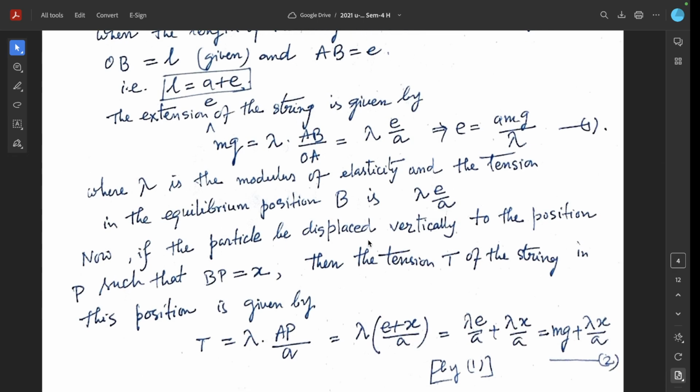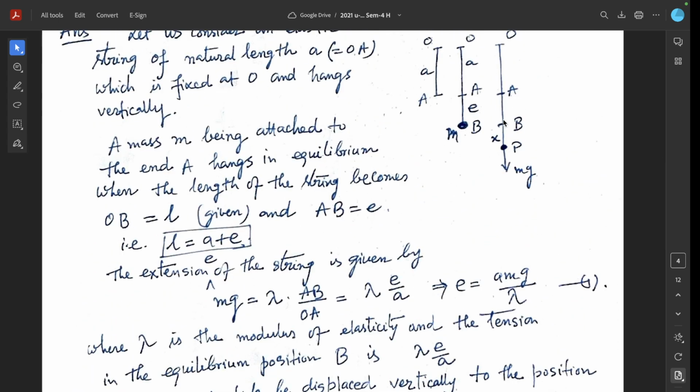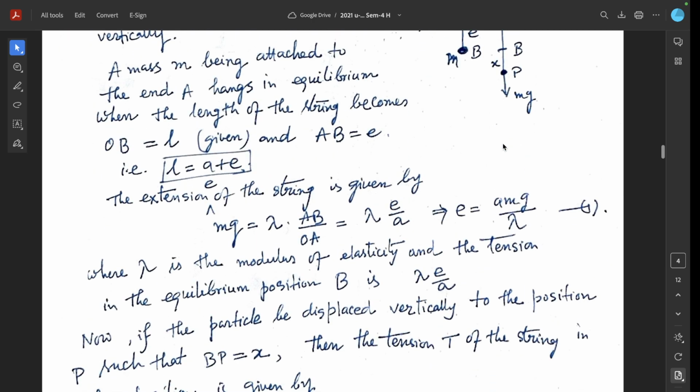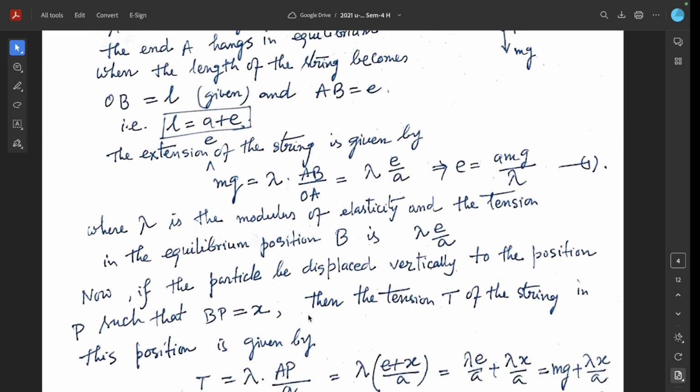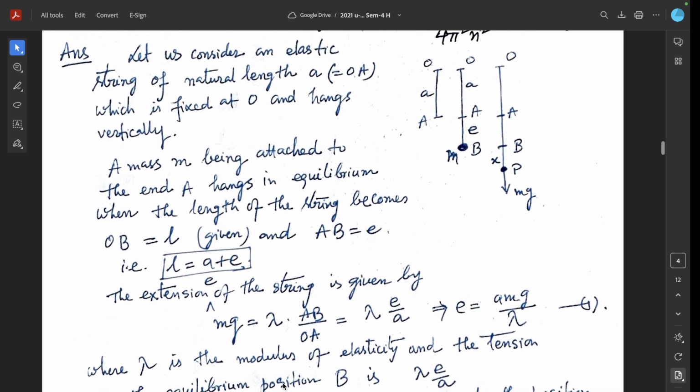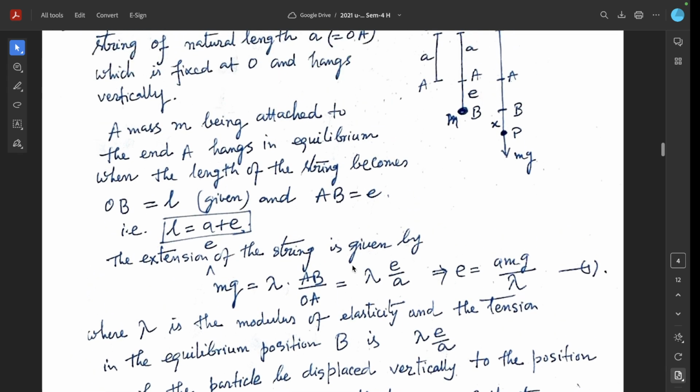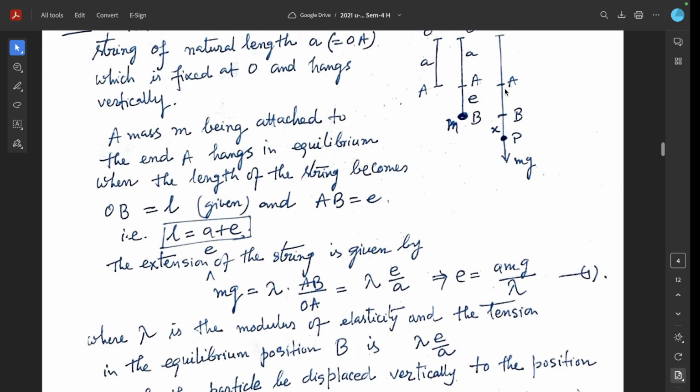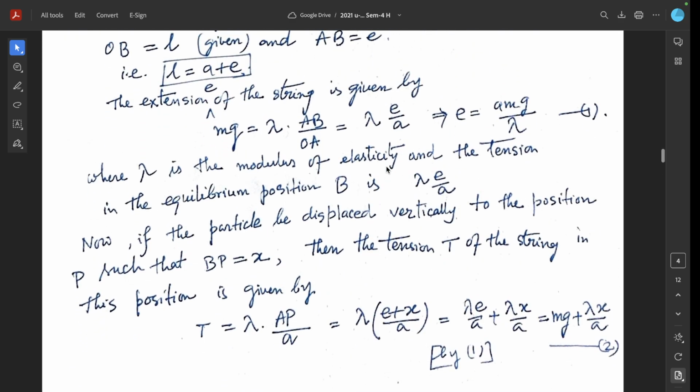Now, if the particle is displaced vertically to the position P such that BP equal to x, we displace this point B to P, this distance BP equal to x. Then the tension T of the string in this position P is given by T equal to lambda into the extension AP divided by the initial length OA.